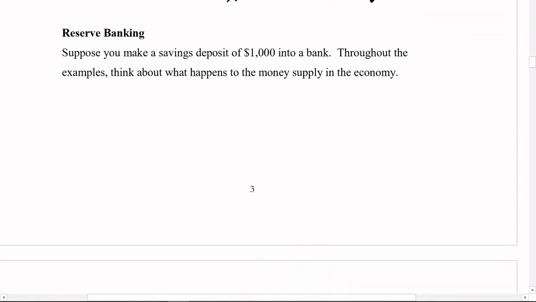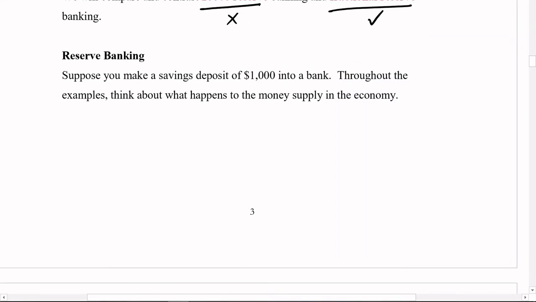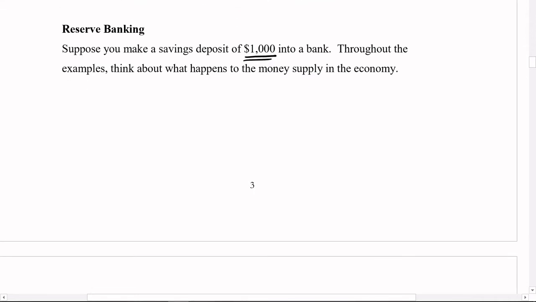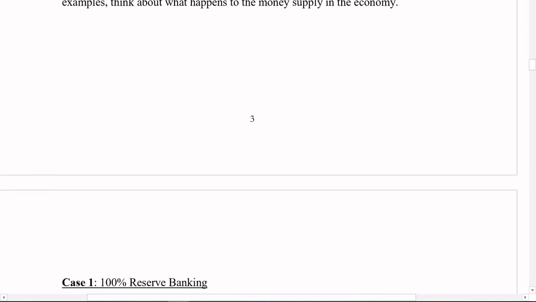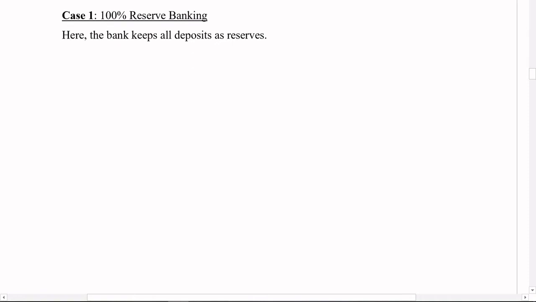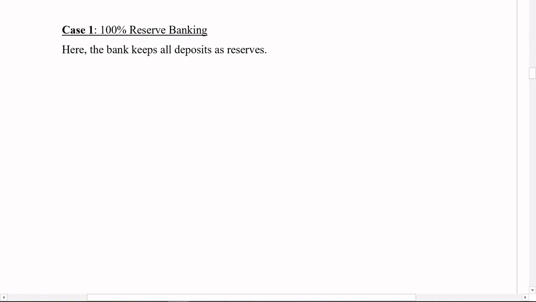Okay, so to look at both of these systems, we're going to use an example where we suppose that we're putting $1,000 into the bank. And then we're going to look at these couple different scenarios on how that money is ultimately used and circulated throughout the economy. So our first scenario, 100% reserve banking.